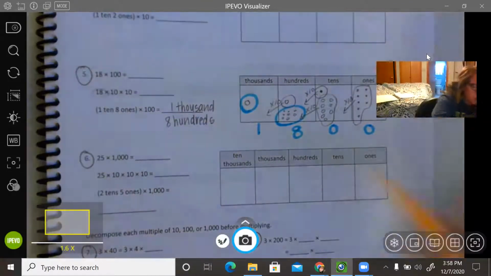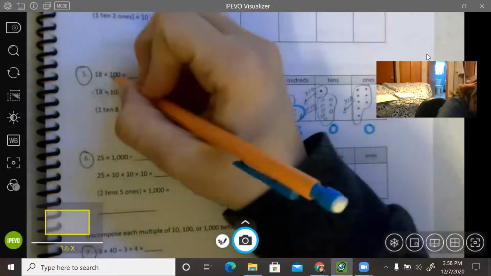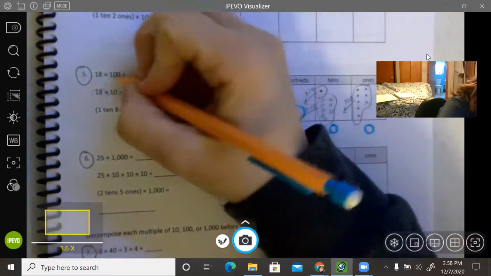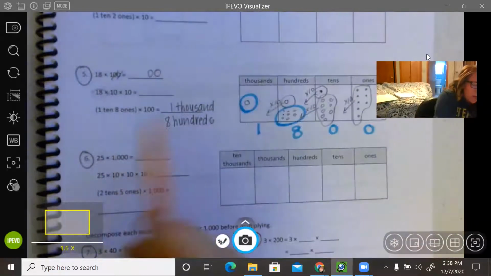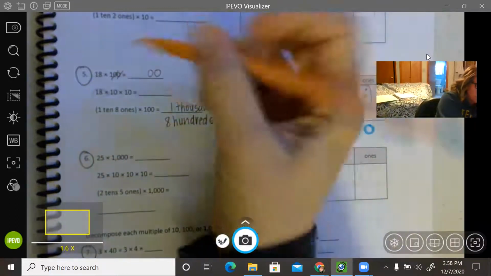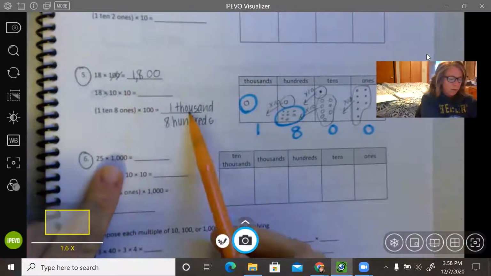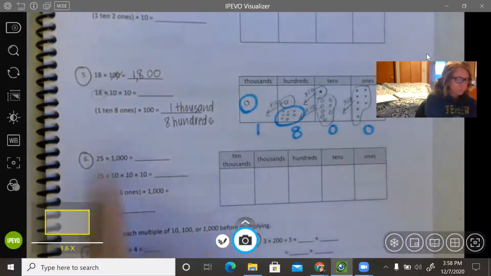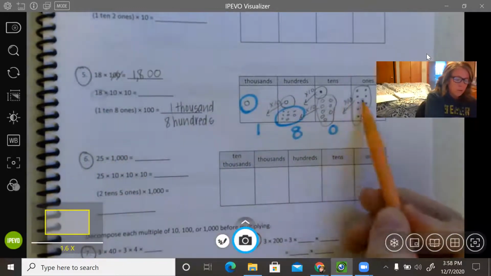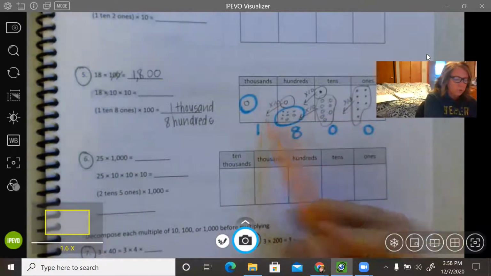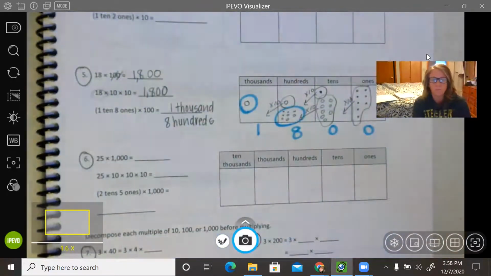Now, up here, let's go ahead and try using the extended facts strategy. I'm going to take off an 18 times 100. I'm going to take off my 2 zeros, put them in my answer, and I'm left with 18 times 1 equals 18, which is the same as 1,800. 18 times 100, we showed in our chart, which would also be 1,800.